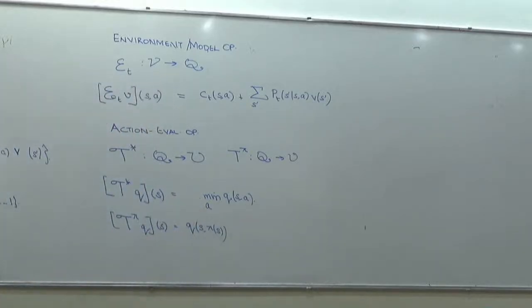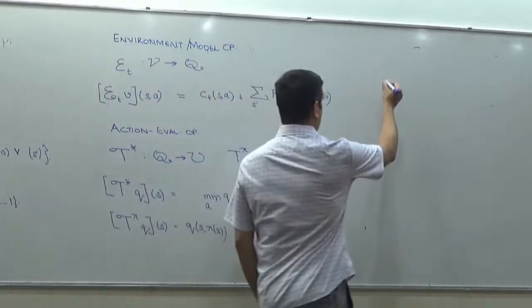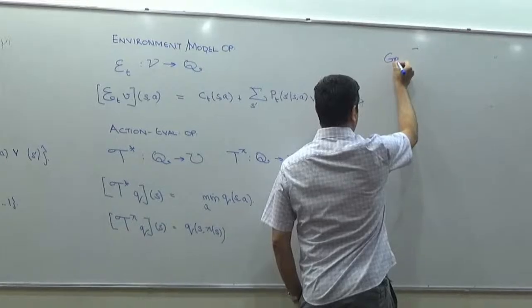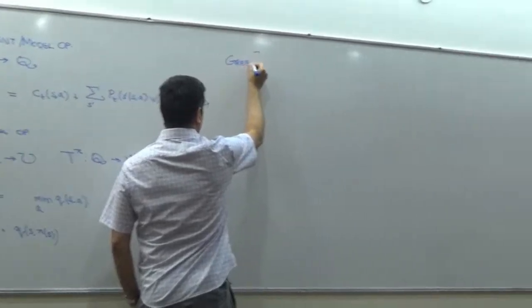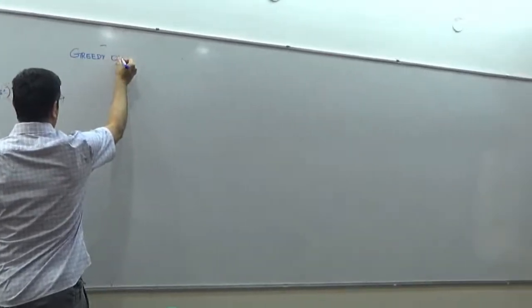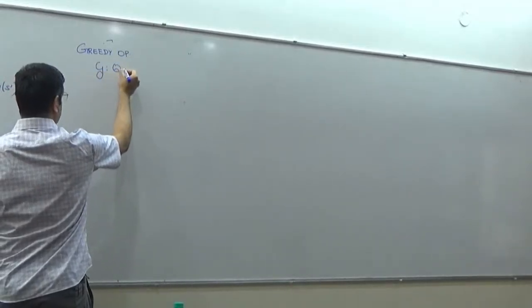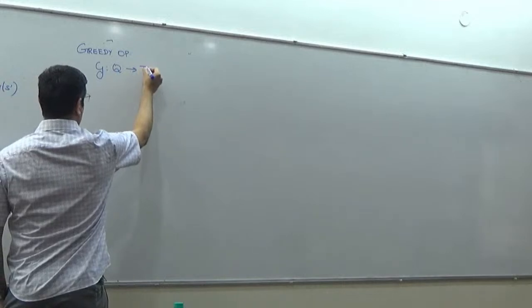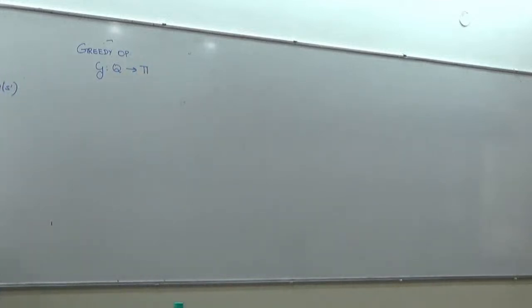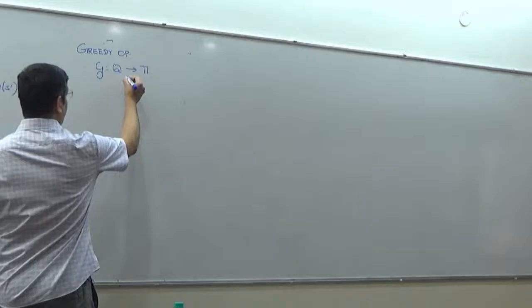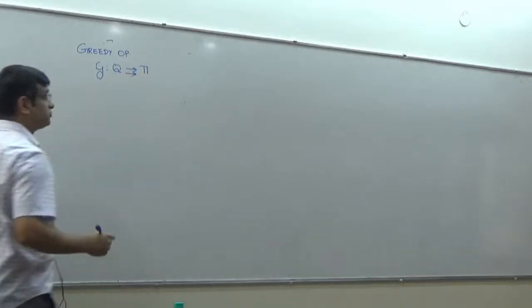And I will also define another operator which I will call the greedy operator. This is an operator which takes a Q function and gives me a policy. Okay. I will generally define it as a correspondence to the set of policies.